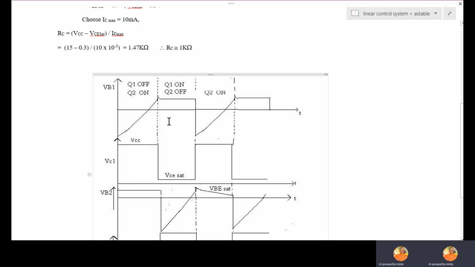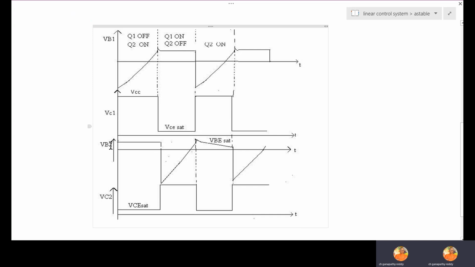So if you just see VC1 and VB1. Sorry, when base voltage is positive, transistor is on, so VC is at its low value. When base voltage is negative, transistor will be off, then collector voltage will be high.